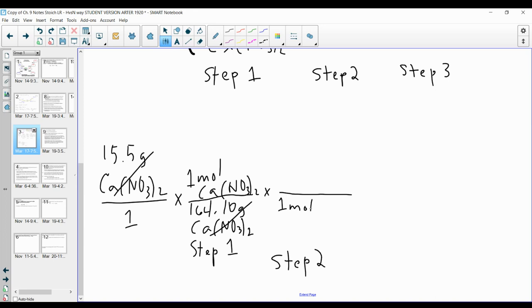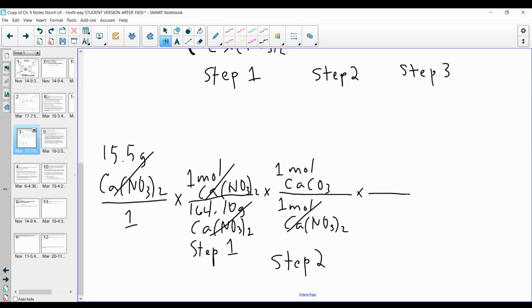So 1 mole of the calcium nitrate, and now 1 mole of the calcium carbonate, CaCO3. And so our units cancel. And so now we're out of moles of calcium nitrate and into moles of calcium carbonate.